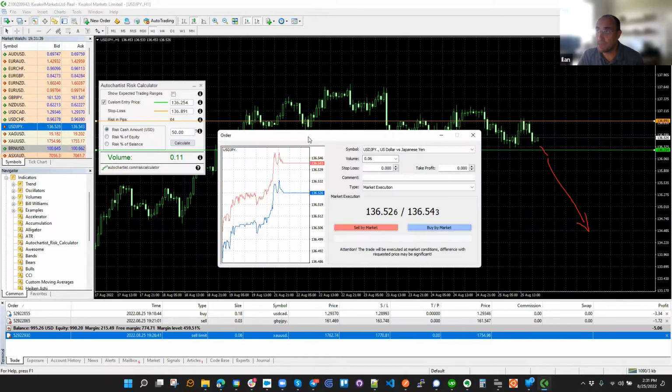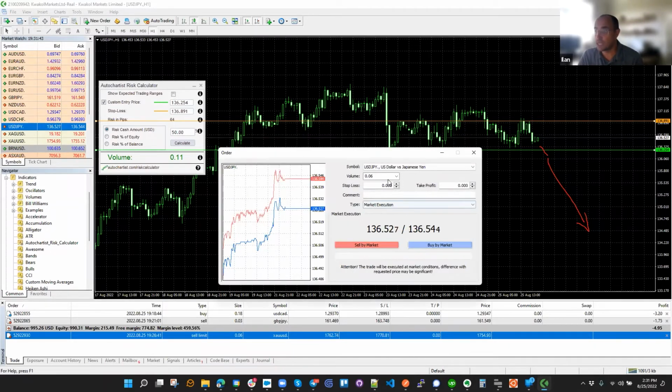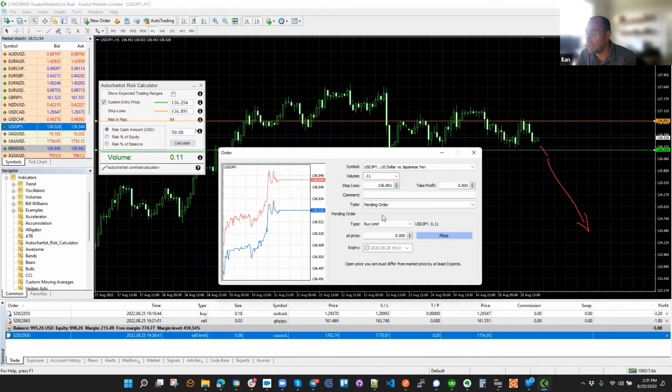So Autochartist is telling me that my position size should be 0.11. Let's see what that looks like. Position size 0.11. My stop loss, I'm going to set at my orange line. I'm going to set a pending order of a sell stop, and I'm going to set my entry price to be where my green line is.